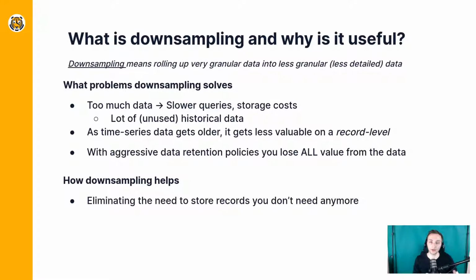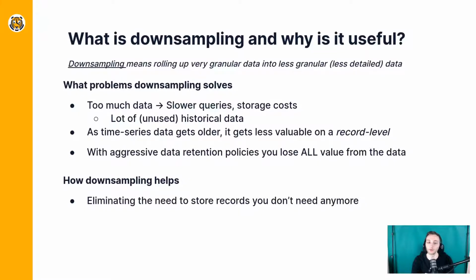Again, going back to that Apple stock example, you probably don't care what the exact price was in the exact minute of 2:15 p.m. in the afternoon in November 2019 or whatever. So you don't need that one specific data. On the other hand, you do need that kind of data from today.